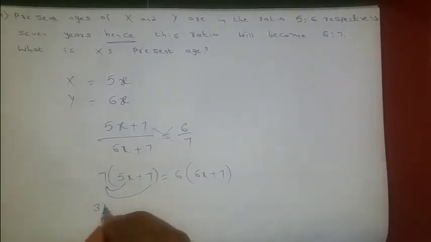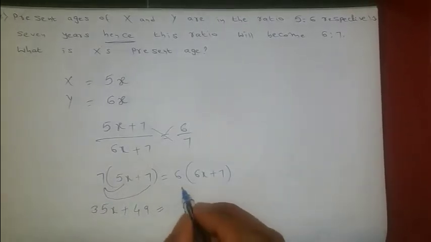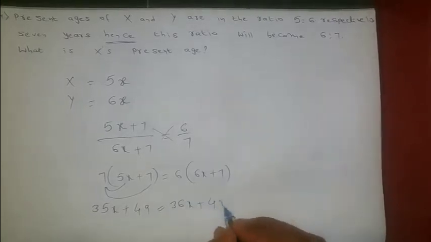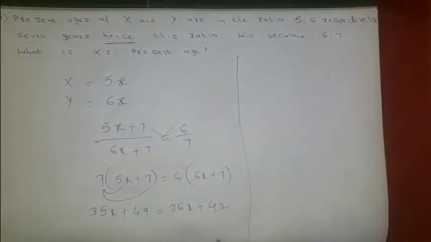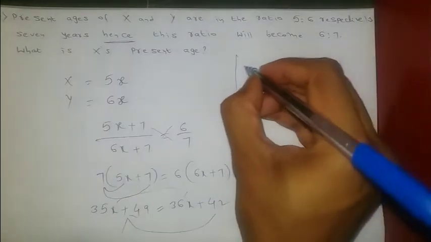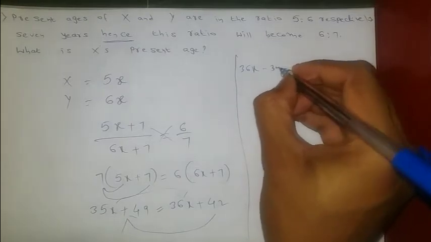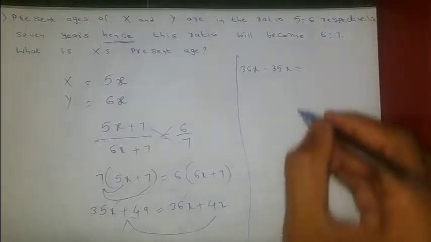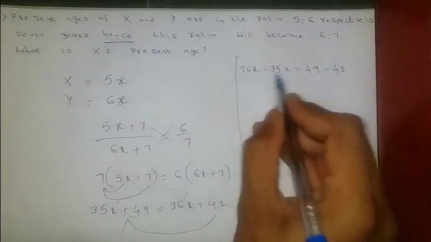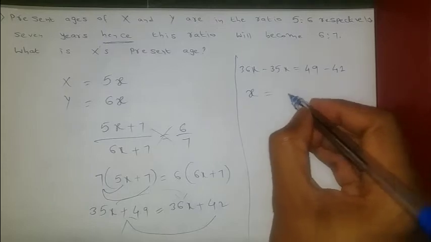7 into 5x, 35x, plus 7 into 7, 49, is equal to 6 into 6x, 36x, plus 6 into 7, 42. I will take 42 to the left side and 35x to the right side. So we will get 36x as it is, plus 35x will become minus 35x, which is equal to 49 as it is, plus 42 will become minus 42. 36x minus 35x is x, equal to 49 minus 42, 7.